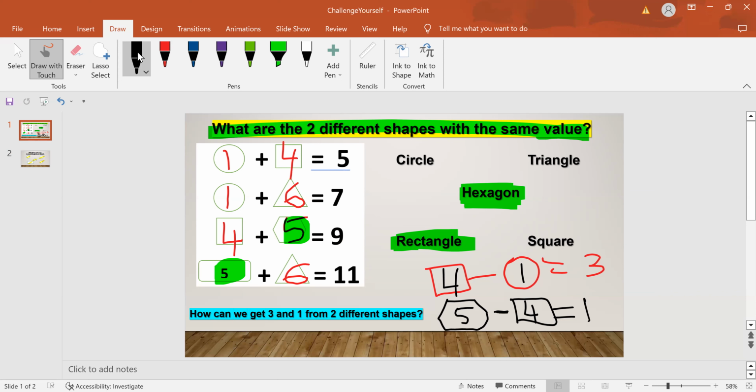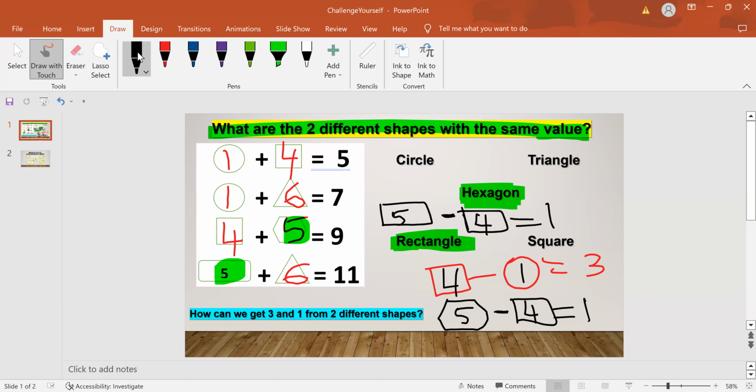Or another possibility, we take the rectangle, which is 5, minus the square. We assume that this is a square I'm drawing.